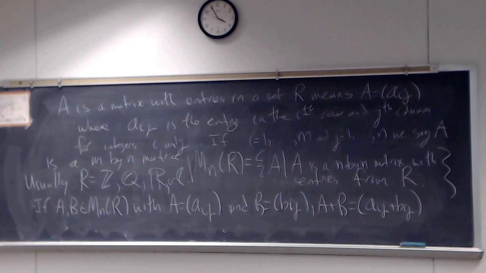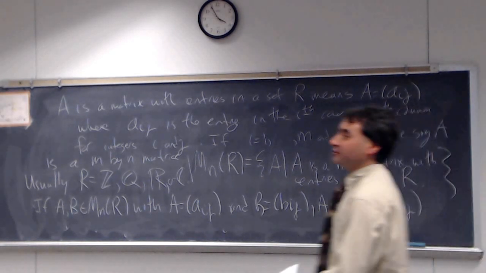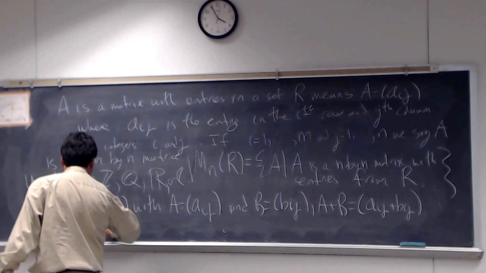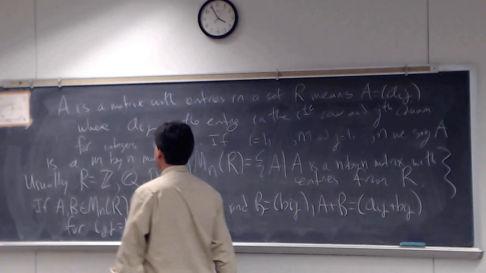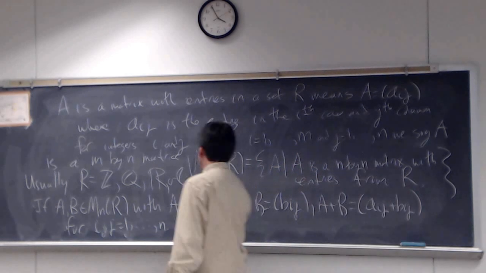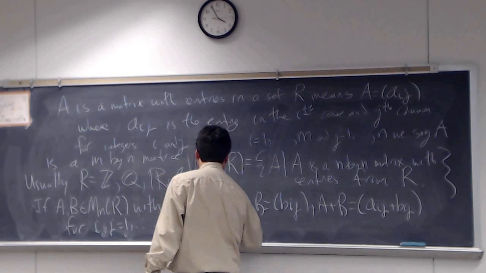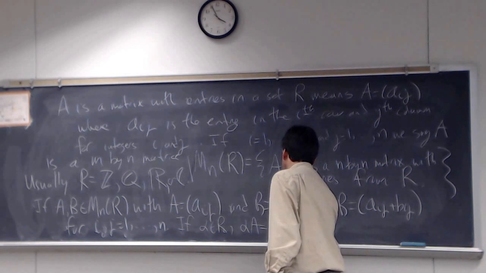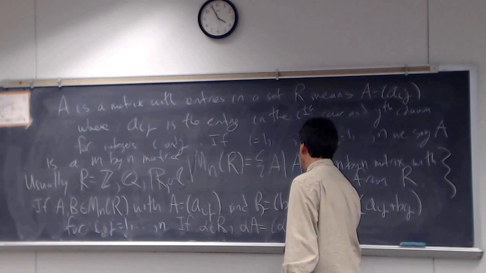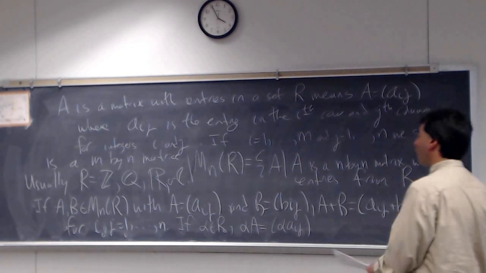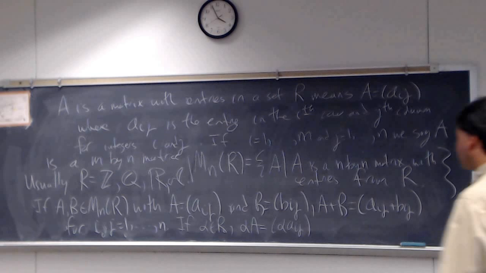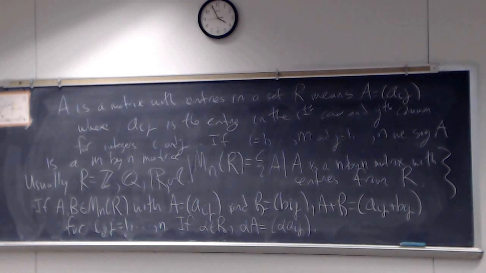That's just the matrix whose ij entry is the ij entry of A plus the ij entry of B. And if alpha is an element of R, we can multiply a matrix by an element: alpha times A, you just multiply every single entry in A by alpha. There are more details in the notes, including how we define it for 2 by 2 cases.